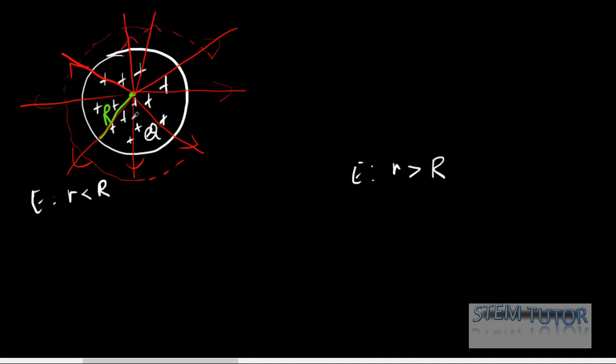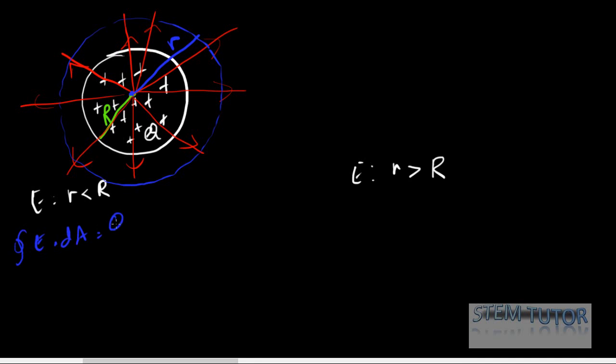Let's do a different color. So you take a sphere of radius r. Then you say that the integral of E dot dA equals charge enclosed over E naught, and the charge enclosed by the blue sphere is the capital Q over E naught.